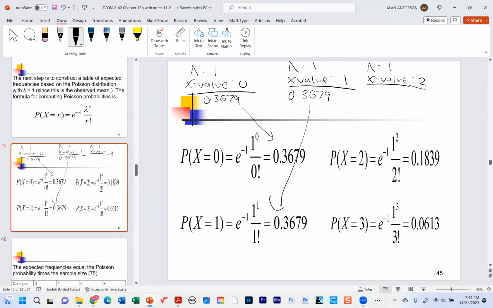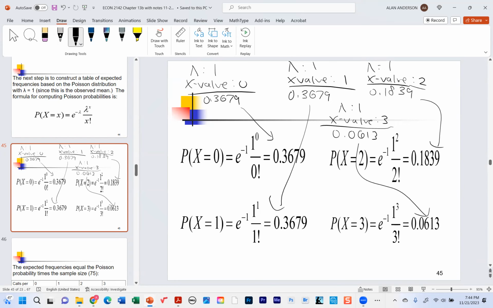Plug that in. And you'll get this time approximately 0.1839. And then for 3, you'll get instead 0.0613. So in other words, obviously the calculator is giving us the same results as if we'd used the formulas themselves, and it's a little bit quicker.